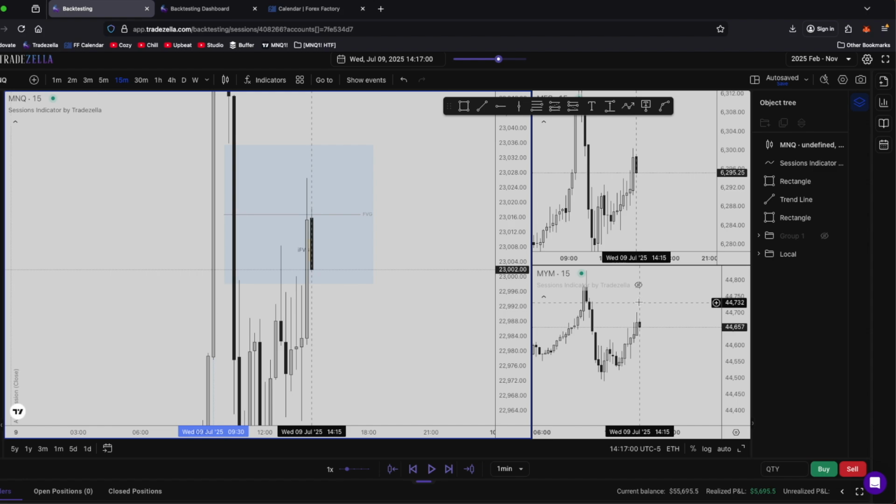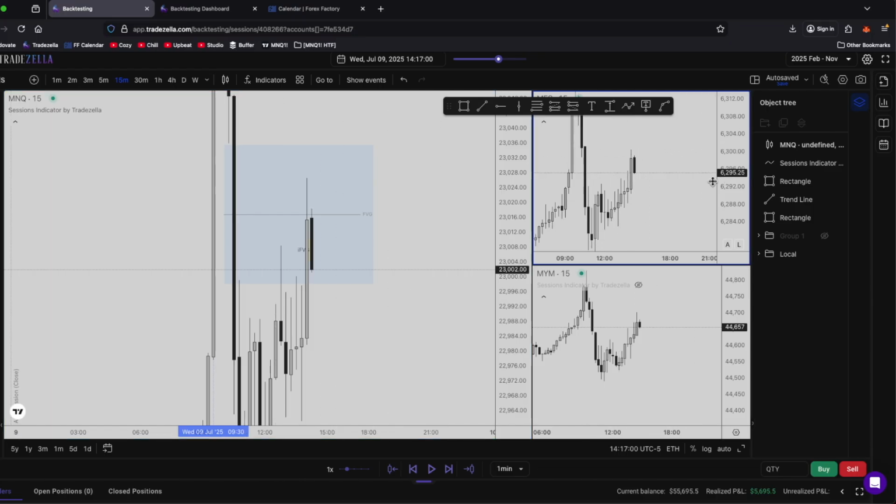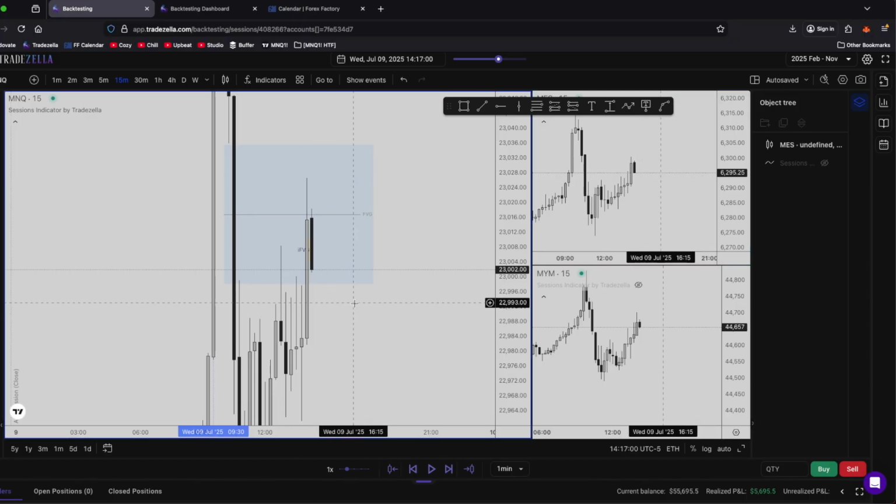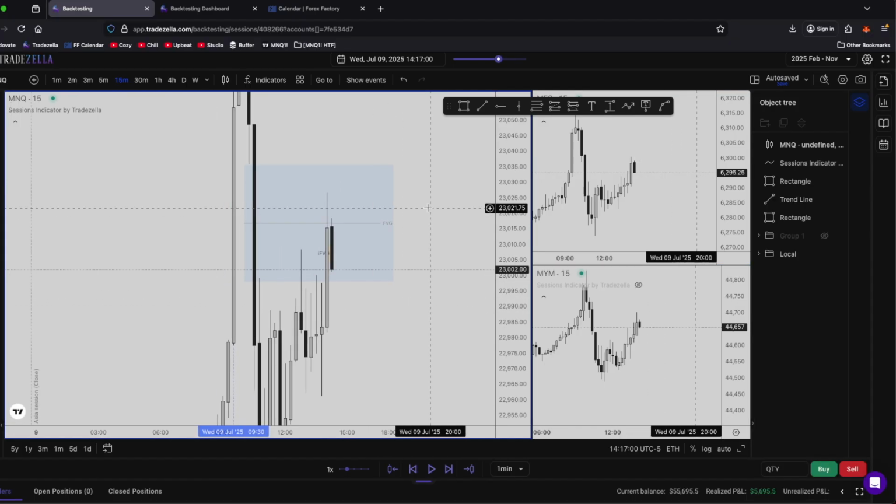So there's no bearish SMT. There's a PD array SMT, but no bearish SMT. I think it wants to go down.